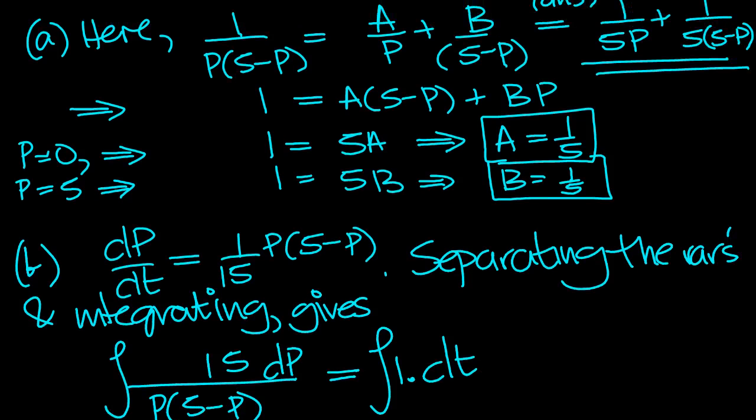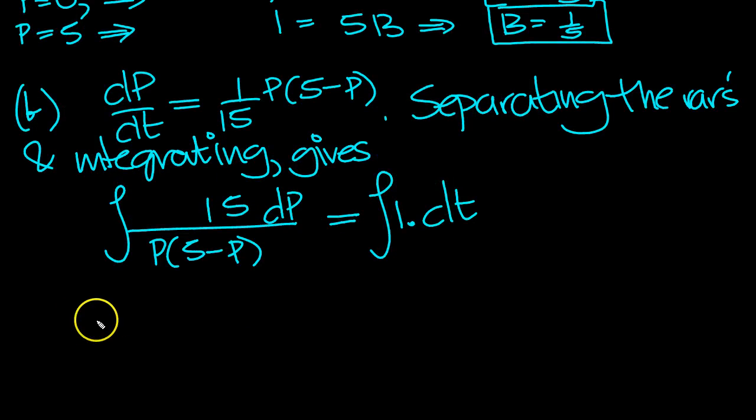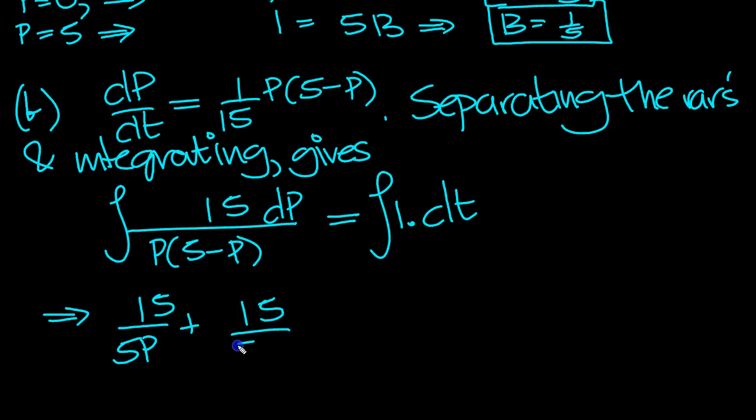So on the left we can now replace the 1 over this by these terms here. So it would be equal to 15 over 5p plus 15 over 5 times 5 minus p, dp.